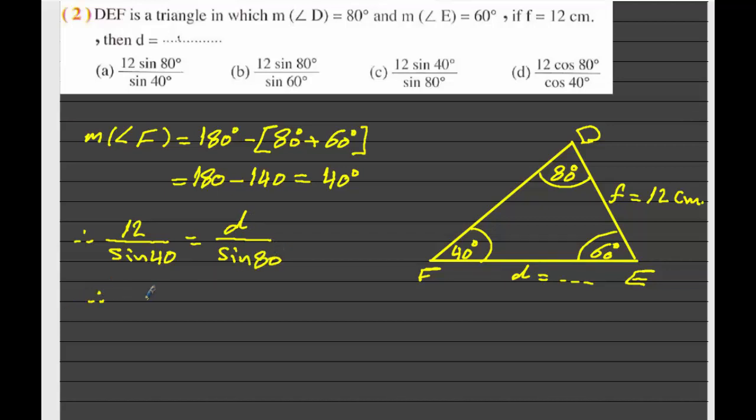And then d equals 12 multiplied by sine 80 over sine 40. Here it's sine 40, so the solution is letter A.